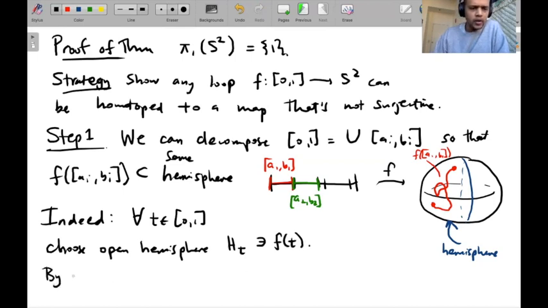So then by continuity, there exists some open interval, A sub t, B sub t.